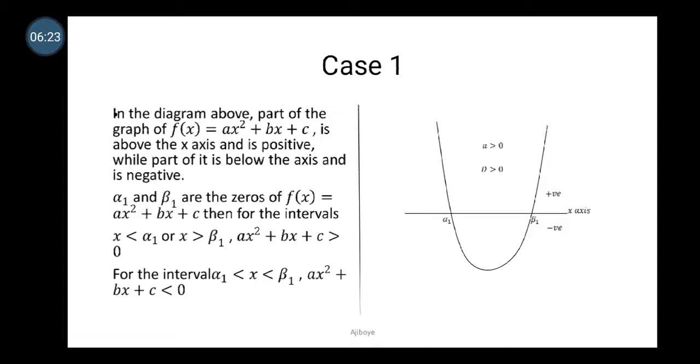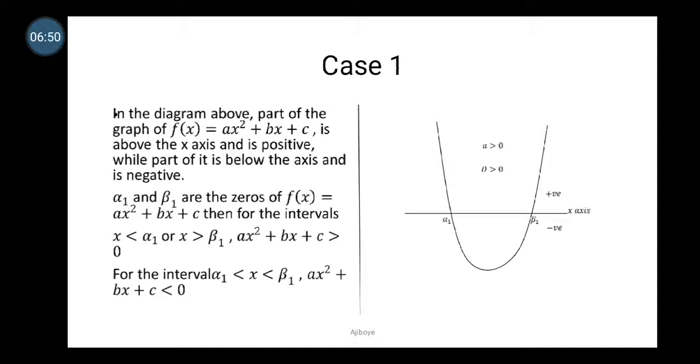Noting that where the graph cuts the x-axis is the solution. So we have alpha 1 and beta 1 as the solution of this graph. So alpha 1 and beta 1 are the zeros of f of x equal to ax squared plus bx plus c.